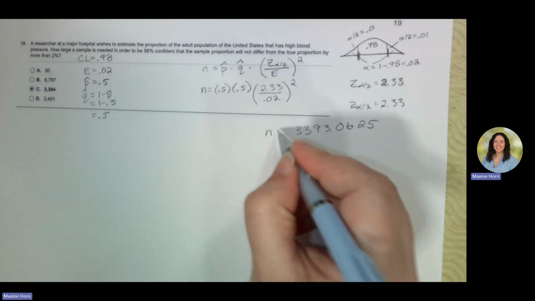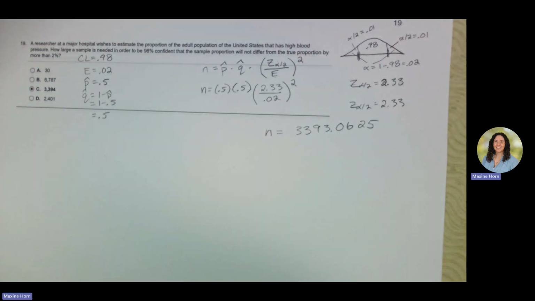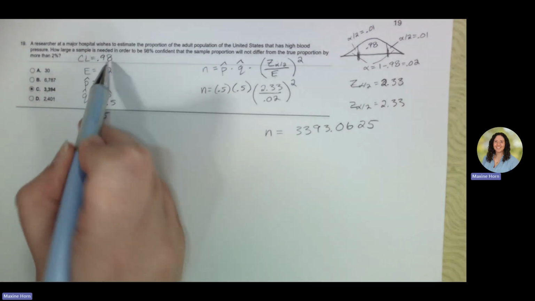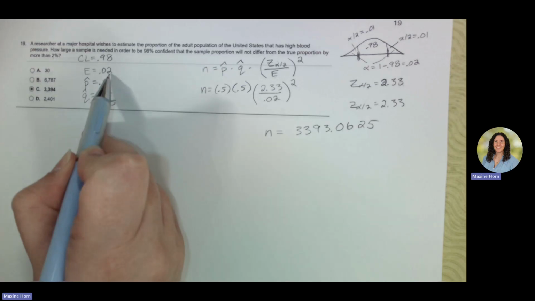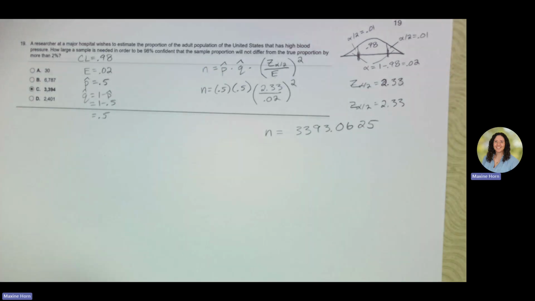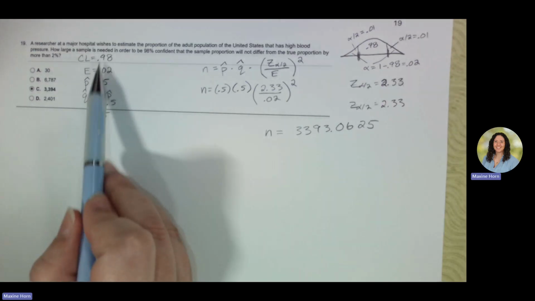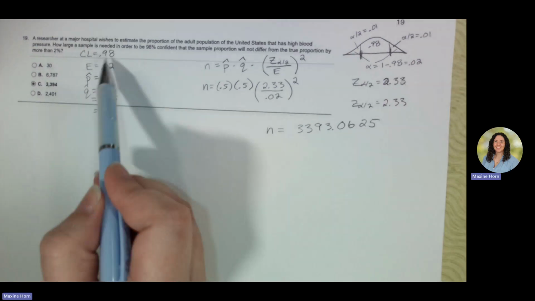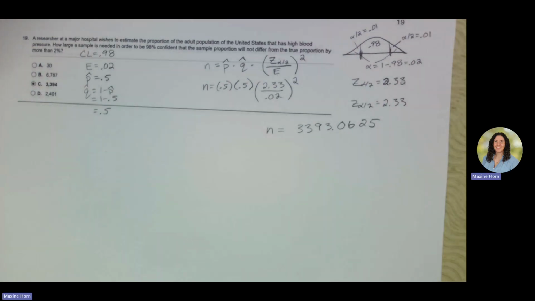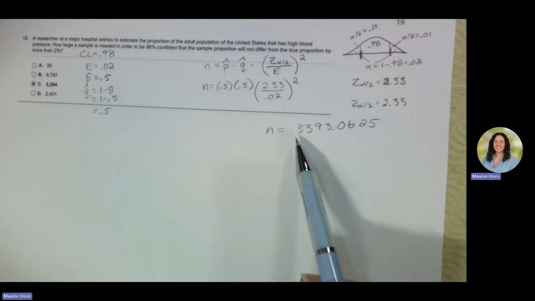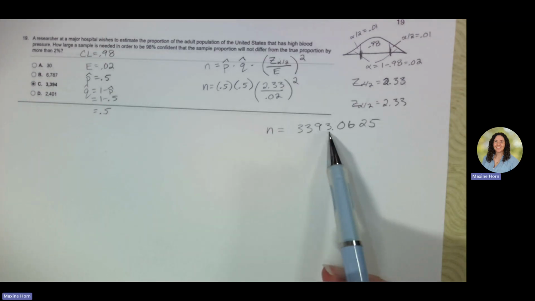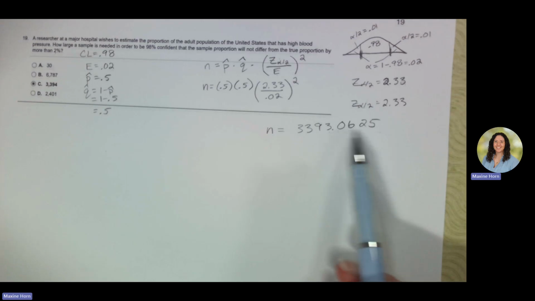This is a number that represents the threshold of people that we need in order to be 98% confident and to have a margin of error of no more than 2%. So if we don't meet this threshold, then we're not working within these confines. So I can't have 3,393 people because I haven't yet met the threshold.